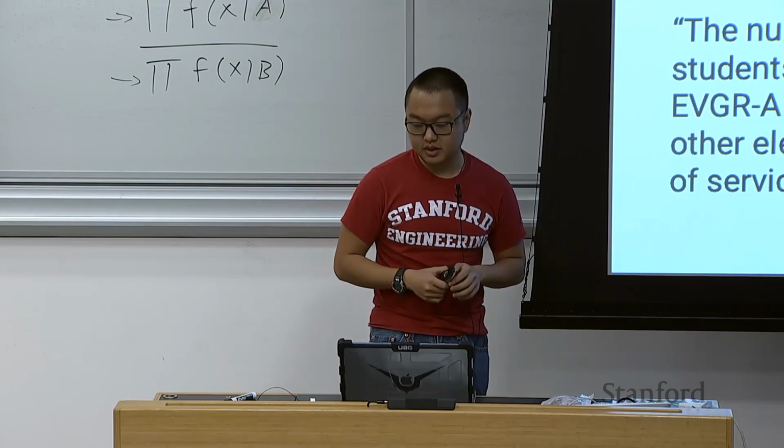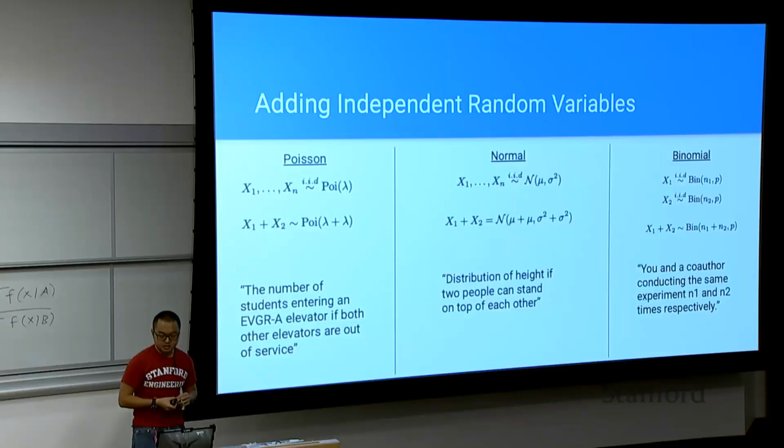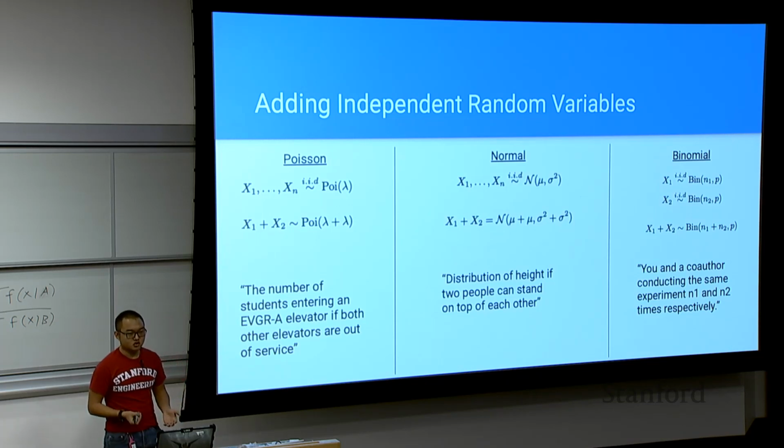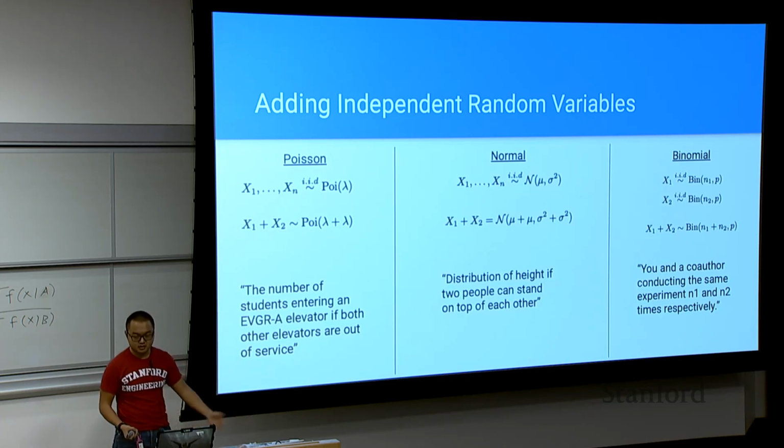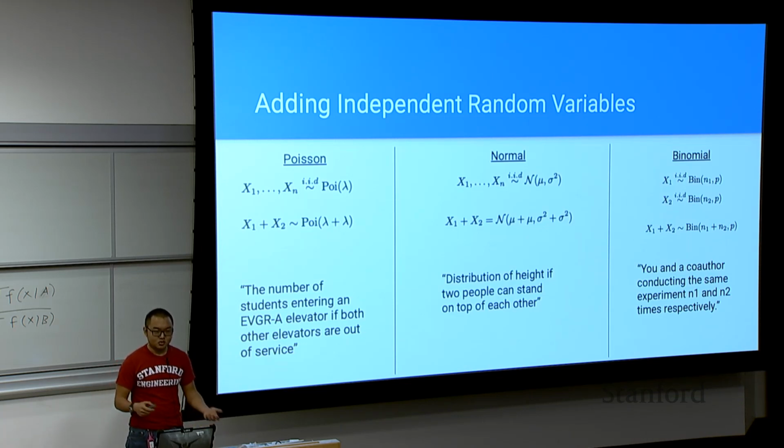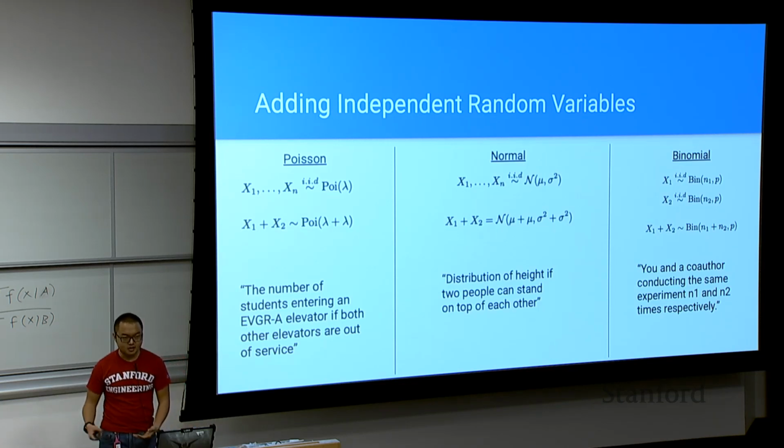And the final one is binomials. Whenever I think of binomial, I think of trials and some underlying Bernoulli event. I have a coin, I'm trying to flip it, and I'm trying to get however many heads or tails. One example to think about is you and a co-author conducting the same experiment, but you ran N1 trials and your co-author ran N2 trials independently of each other.